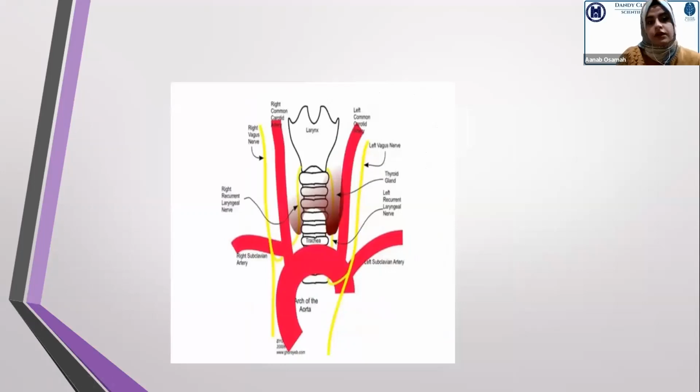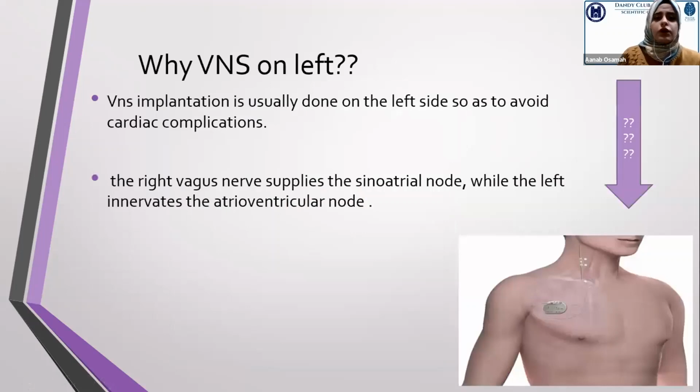As you see here, there is a right vagus nerve and a left vagus nerve. In these pictures, we can see the generator placed on the right one, and this is false. In our case, we will deal with the left side, as I mentioned. One of the most important things is to avoid cardiac complications. There is a lot of involuntary activity of the vagus nerve, and this makes sense of why it affects the heart, through a decrease of the cardiac pulses.